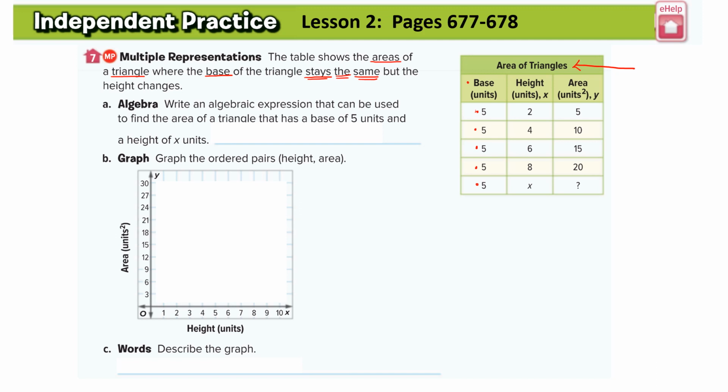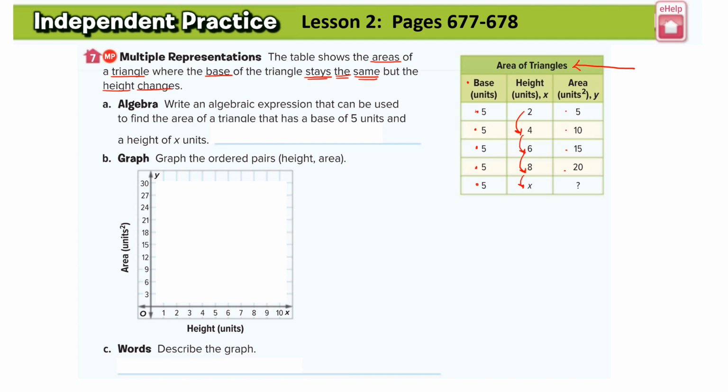And the height is going to change. So our height goes from 2 to 4 to 6 to 8, and then we have a mystery number here. And then we have our areas, 5, 10, 15, and 20, which makes sense because my height is increasing, therefore my area should increase.